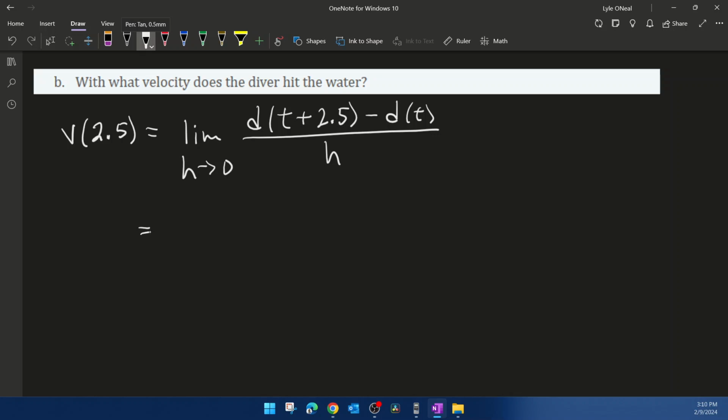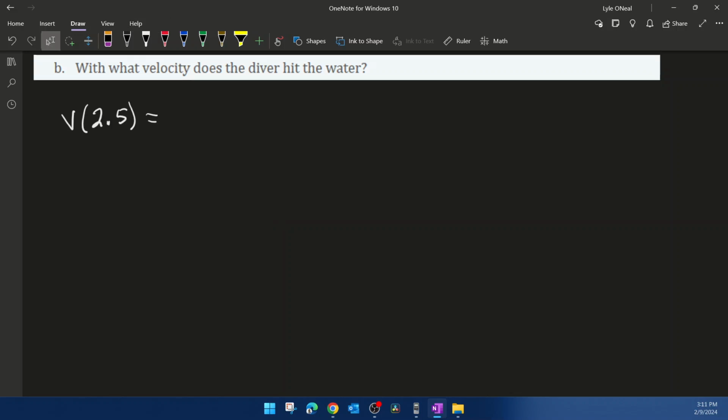So again, we're going to try to use our algebra skills to simplify this expression so that we can get this h to cancel, and then we can evaluate the limit with direct substitution. So what was the function? d of t was 16t squared. So this is going to be the limit as h approaches 0. The formula said f of a plus h.